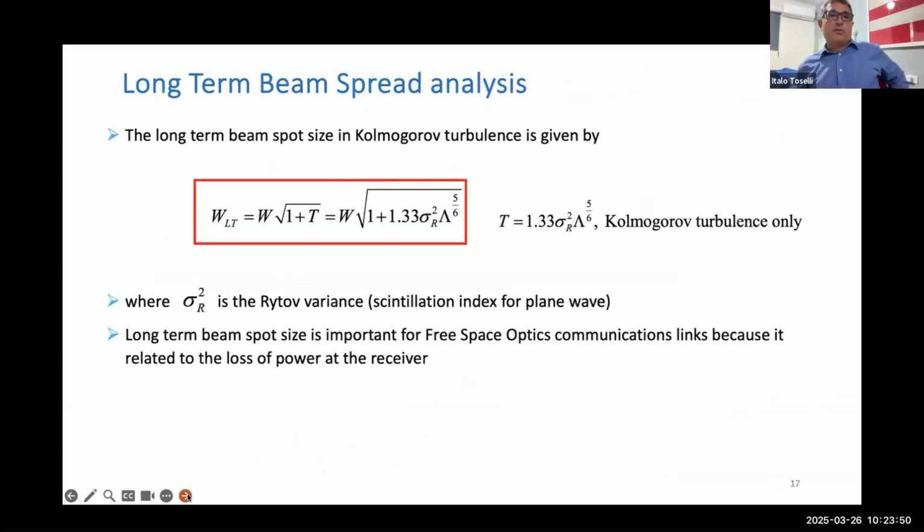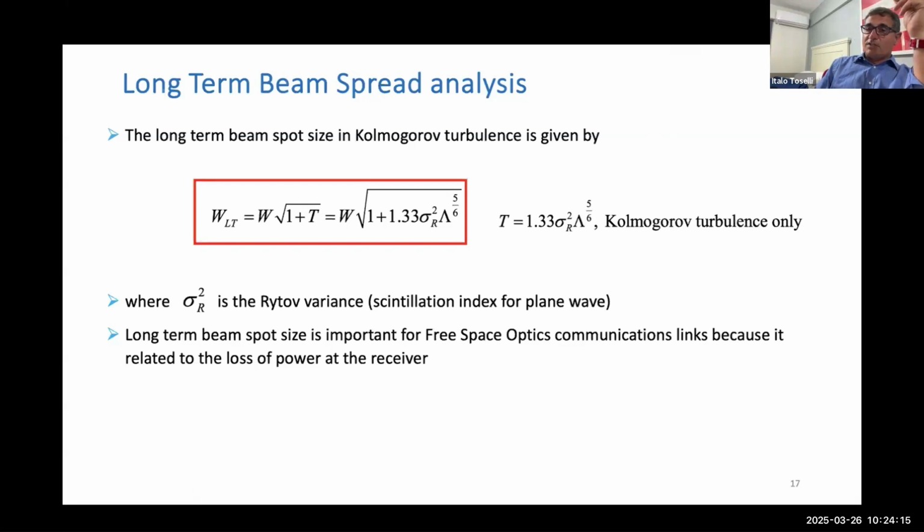If you look at Andrews' book, but all these details are also given a little bit more in my course, you can calculate this T term. If you use the Kolmogorov power spectrum, you see that this T term is given by 1.63 sigma_R squared Lambda to the 5/6. So what is sigma_R squared? It is the Rytov variance, which is the scintillation index for a plane wave. I will talk about it later a little bit.